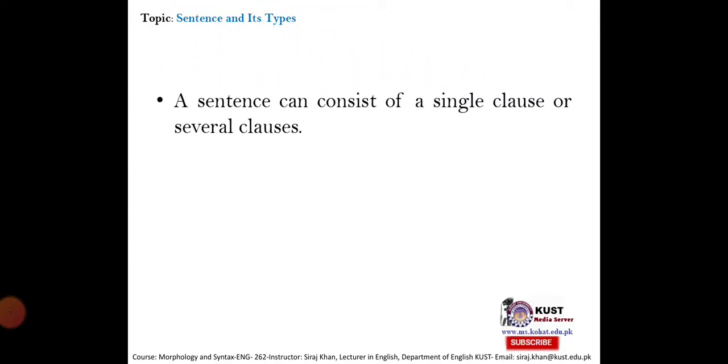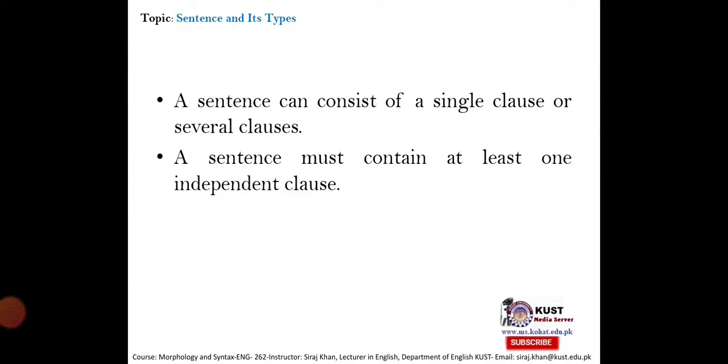A sentence can consist of a single clause or several clauses. When a sentence is a single clause, it is called a simple sentence and the clause is called an independent clause. A sentence must contain at least one independent clause.